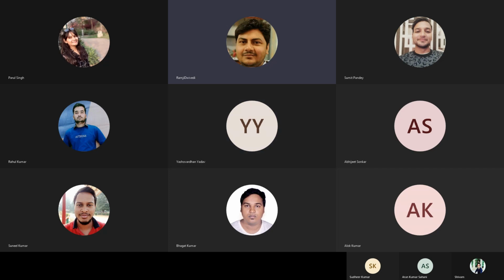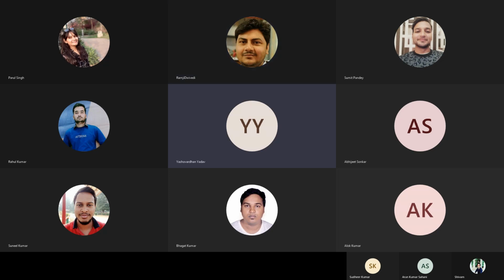Yes, Yashovardhan, go ahead. So it was discussed that the minimum point which can be plotted is 0.25 mm. There is a scale of 1 by n. It means one unit on the map equals n units on the ground.